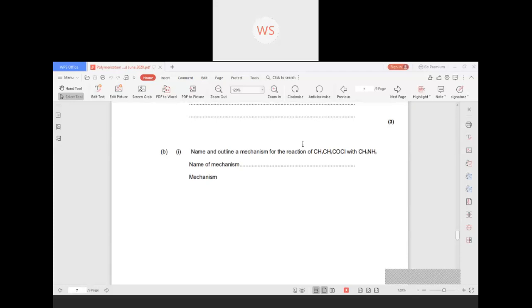So that means it's nucleophilic substitution. Condensation? What was the name? I forgot. It will become an amide. This one is the amide, between this one and this one.